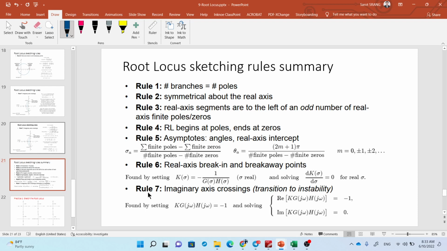And rule number 7, imaginary axis crossings. You can say this is the transition to instability, because if we have roots of the closed-loop transfer function in the right half plane, then the system is unstable.